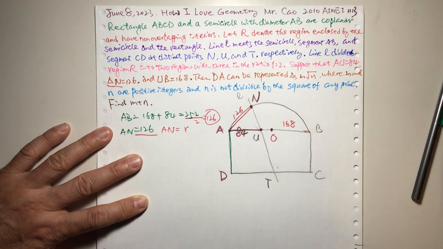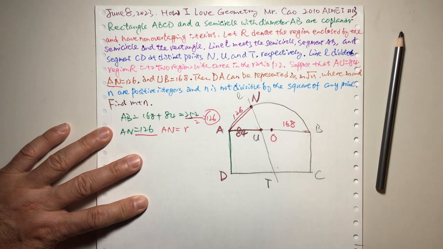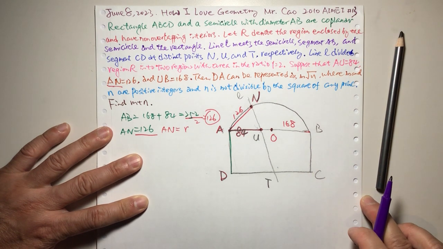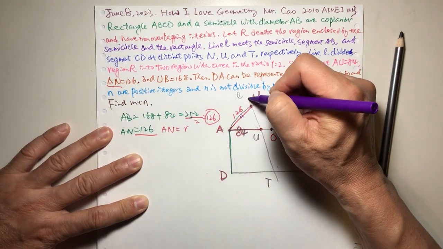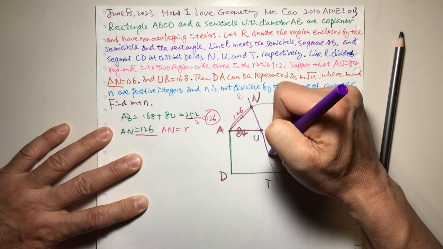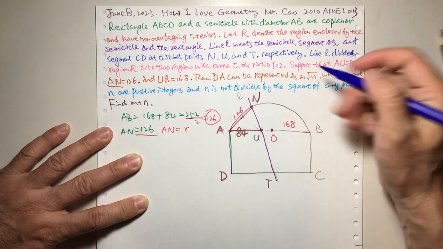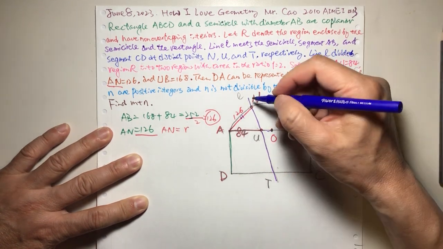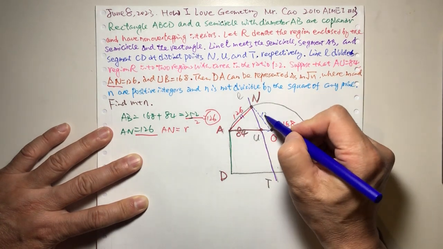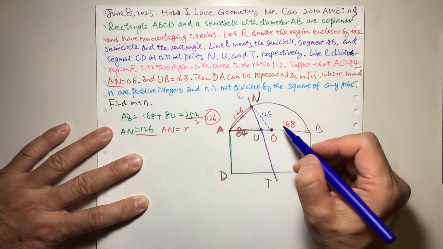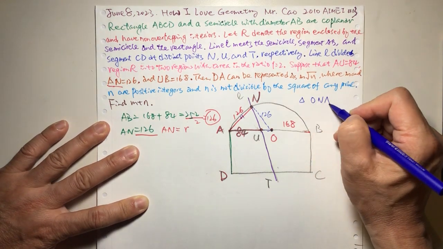We should use this property to help us solve the problem, because it's a very special number. I mean this AN, we should connect this. That's line L, right? And of course we connect N and O. Then we get an equilateral triangle, triangle ONA.